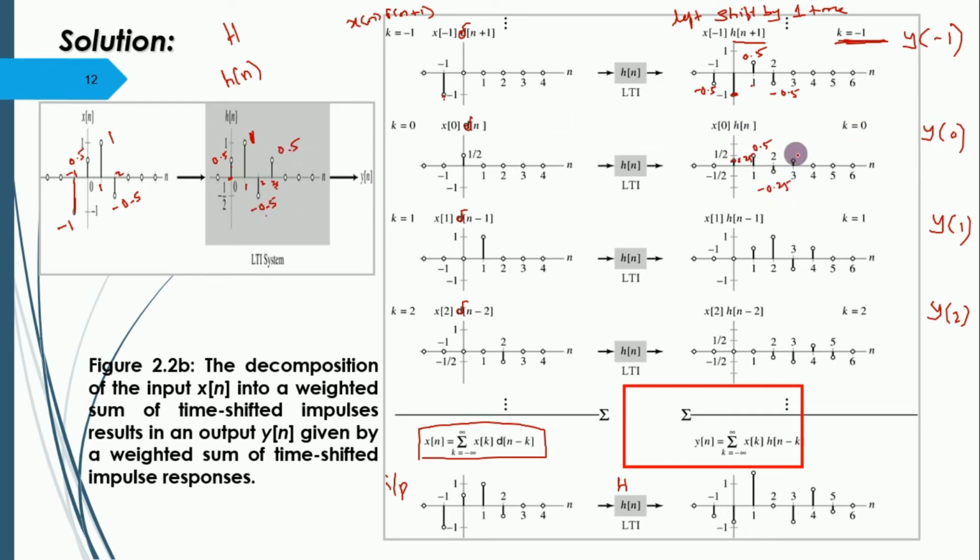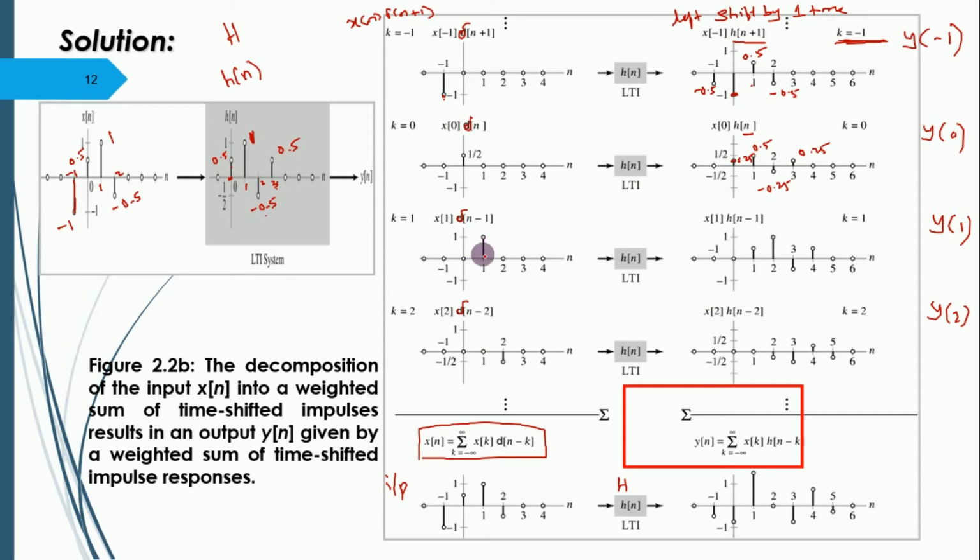Half into half is 0.25. So 0.25, 0.5, minus 0.25, 0.25. I'm not shifting, I'm retaining it as it is because there is no shift operator. It is not time shifted. Just k is equal to 0, so there is no shifting happening.